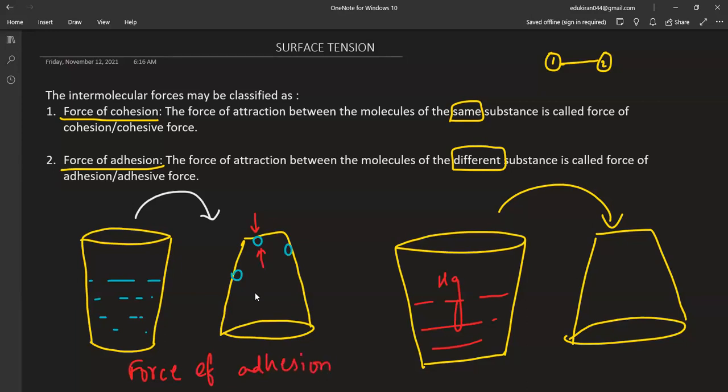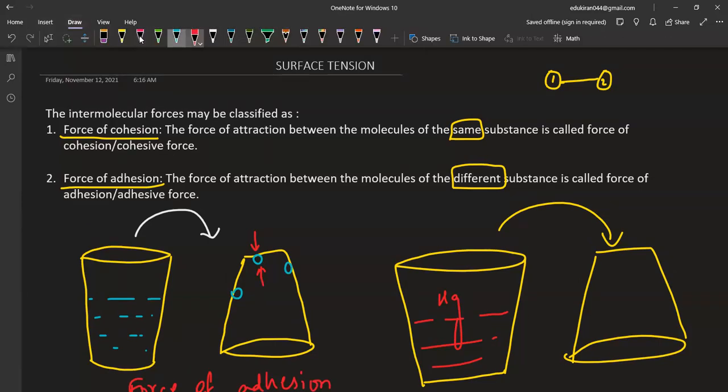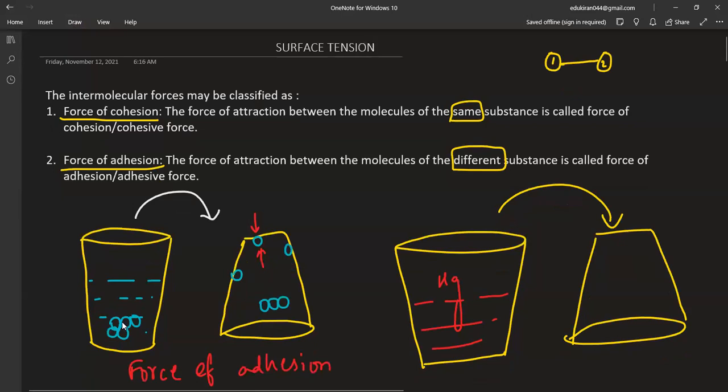Here force of adhesion is greater than force of cohesion. How? Forces of cohesion are existing between the water droplets, right? When the glass was filled, because of force of cohesion, the water stayed together. So if force of cohesion was existing, water should also have stuck together.